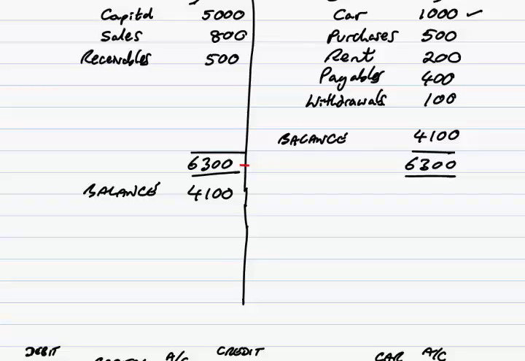Or another easy mistake, remembering in real life you may be doing thousands of entries. Credit cash 1,000 for the car, turn to the car account and perhaps instead of debiting with 1,000 you credit with 1,000. An easy error, but again, if you'd made that mistake, the trial balance wouldn't balance. The fact it didn't balance, you'd know there was an error, you'd have to go back and look for it.